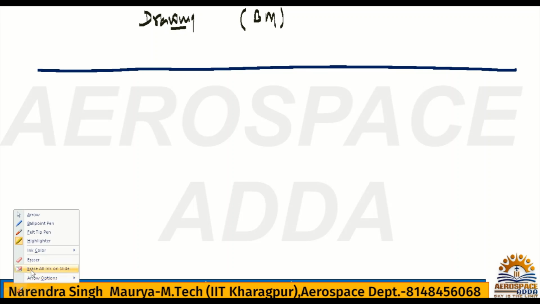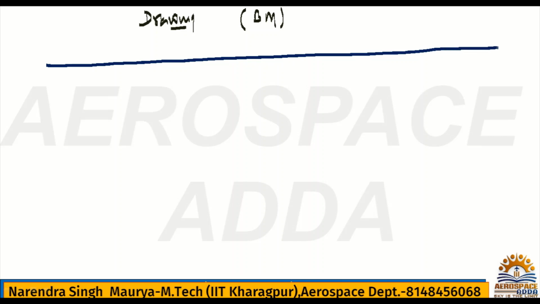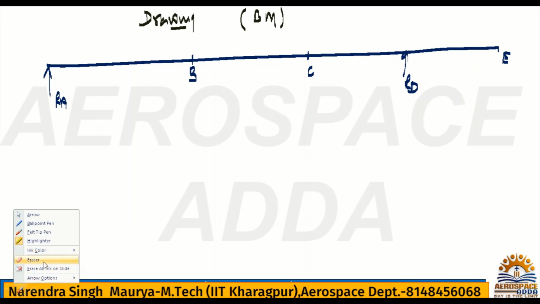Draw nicely, right? This is RA, and somewhere here this is RD. This is E. Somewhere here we can see this is B. At each and every point, because we are drawing the bending moment diagram, we are interested only in moments.